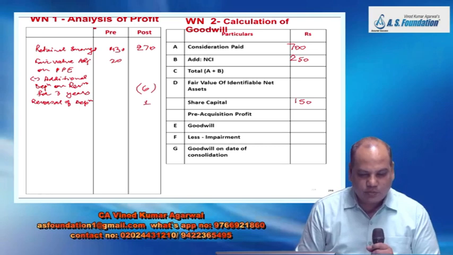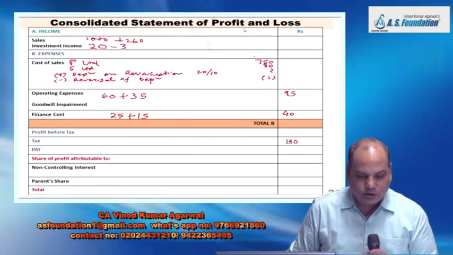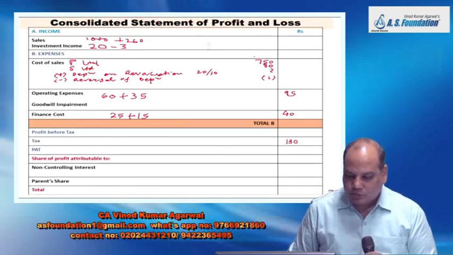Come to adjustment number 4. During the year S sold some goods to P for rupees 60,000. So come to statement of profit and loss.